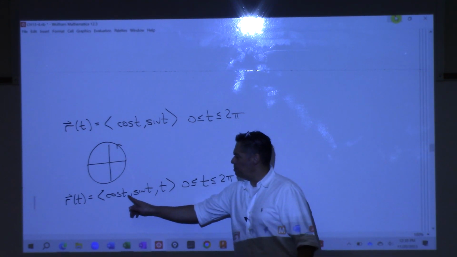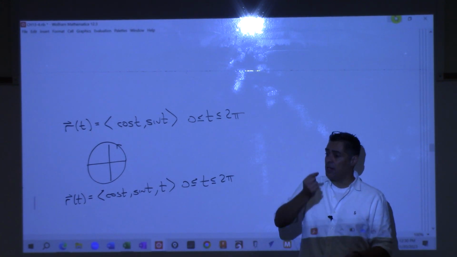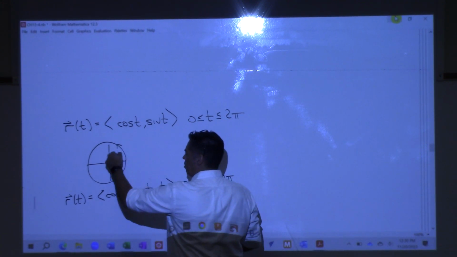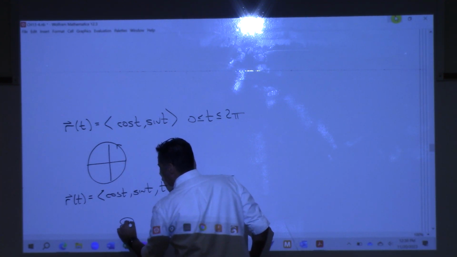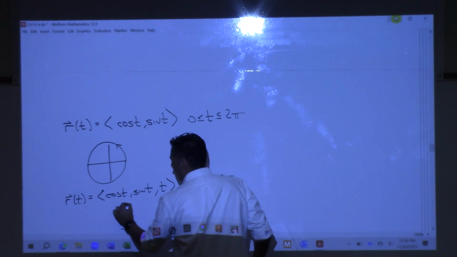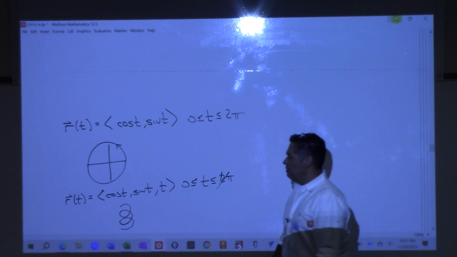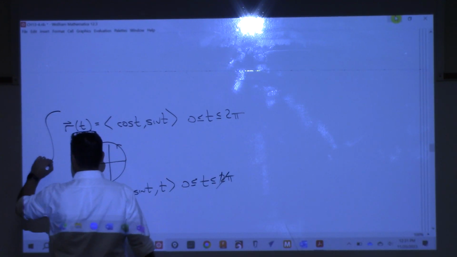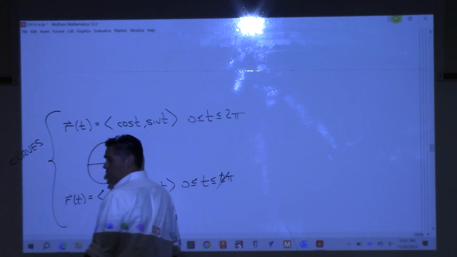In the two-dimensional space, it draws you a circle, but then the z-coordinate is growing linearly. So it draws this circle, but it comes out at you at the same time. Well, it only goes around once, but if we just did not restrict it, it would draw this spring. But the idea here that I really want you to understand is that these are curves.